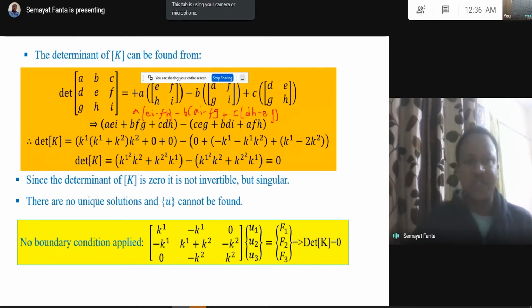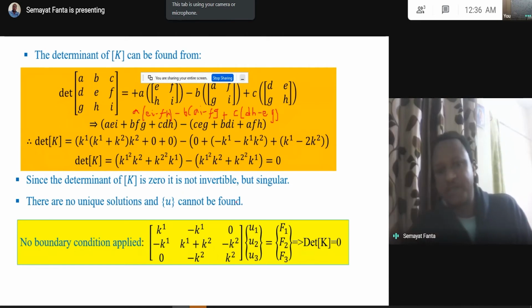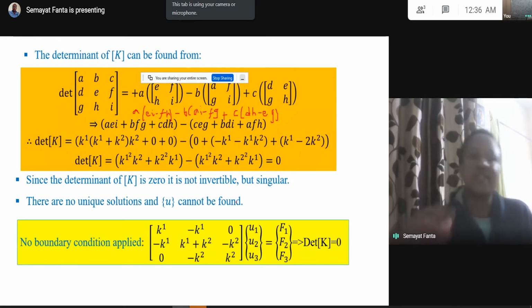We substitute these, and finally we get this matrix. So the determinant of this K matrix is equal to 0. This implies it is not invertible. That means it is singular, so we cannot find a unique solution from the system.